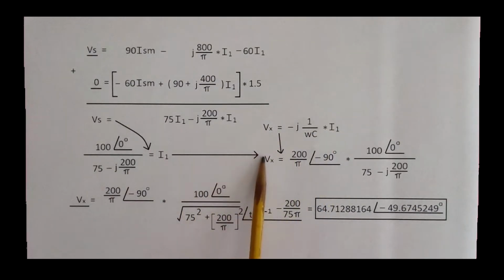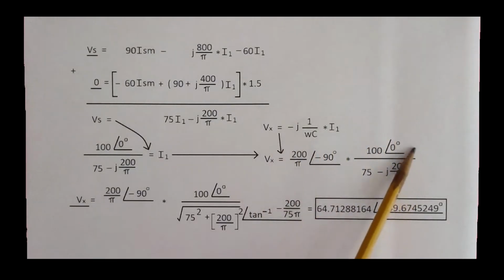We're going to substitute I1. So Vx is a little messier to look at. Then we have Vx multiplied by this mess here. Here's the voltage across the capacitor, 64.71 volts, with a negative 49.67 phase shift.